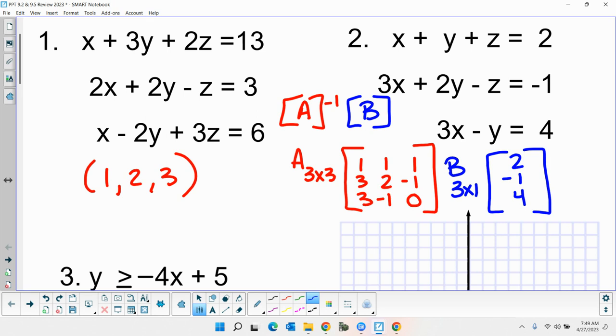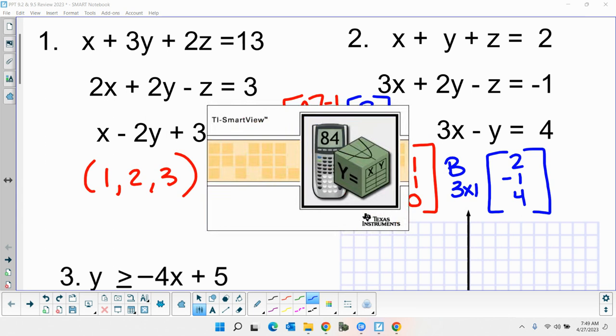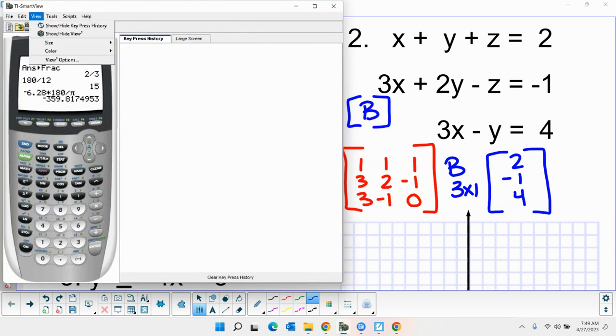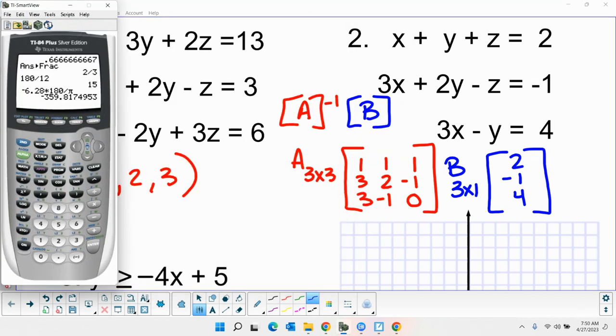So going through it, all right, the matrix button is the inverse button, but you got to hit second first. All right, so hit second inverse right under math, and that gets you to that screen, and you want to edit. You want to put new numbers in.